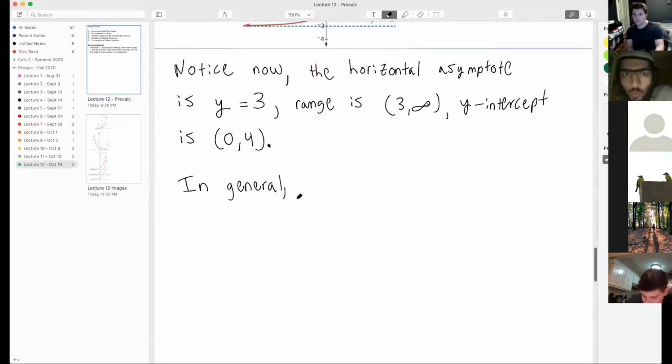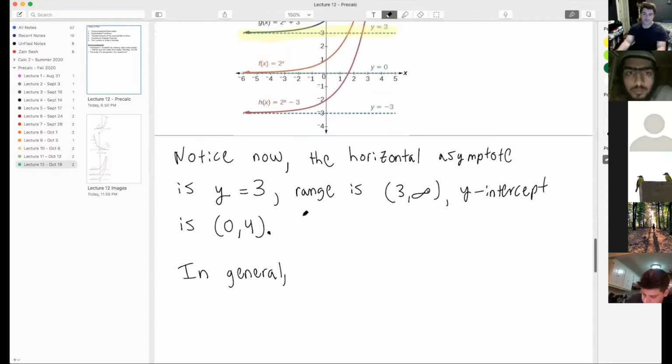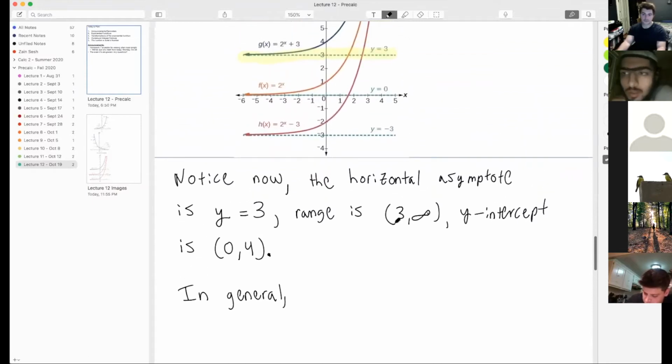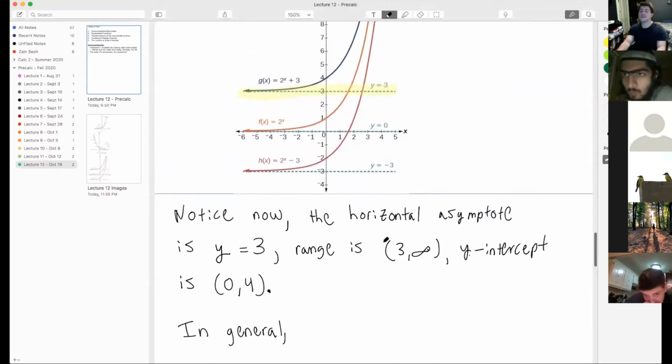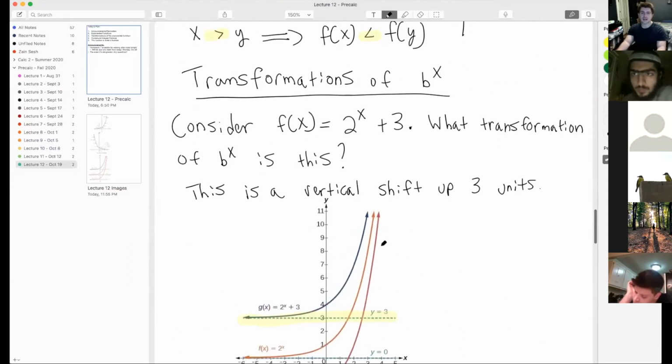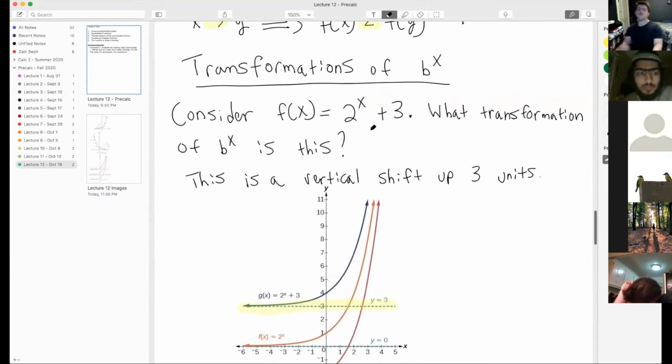Could you explain why, oh, that's the range. I'm sorry. Could you explain why 3 is not included as part of the range? 3 is not included. If 3 were included, that would mean that 2 to the x would have to be 0 for some x value. Right?